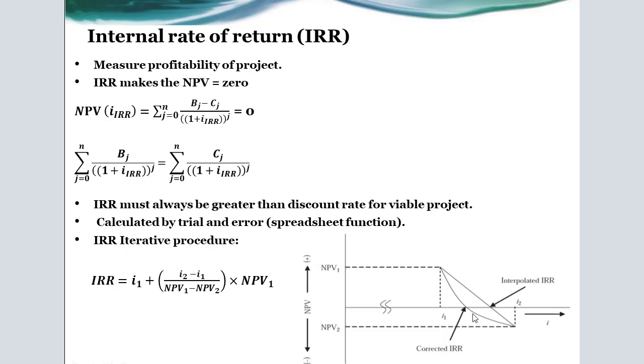As in this figure, when we connect these two values, the line will intersect the x-axis, and at the value of intersection the net present value will be 0. So this value here will represent the internal rate of return.